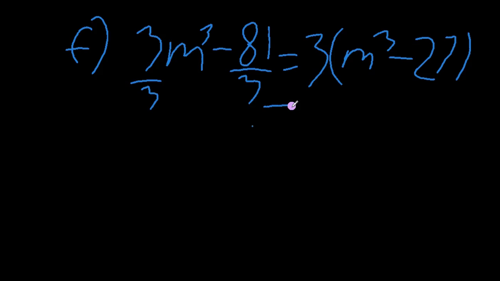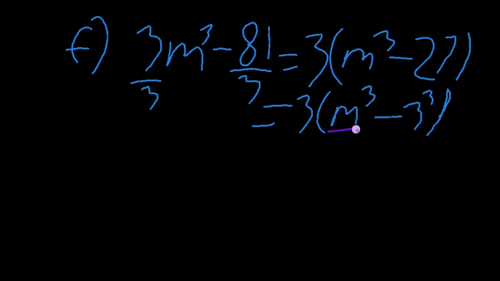And I'm going to rewrite it one more time so that both things are cubed. So I'm just going to write m cubed minus 3 cubed. The m will be my a, and the 3 will be b.